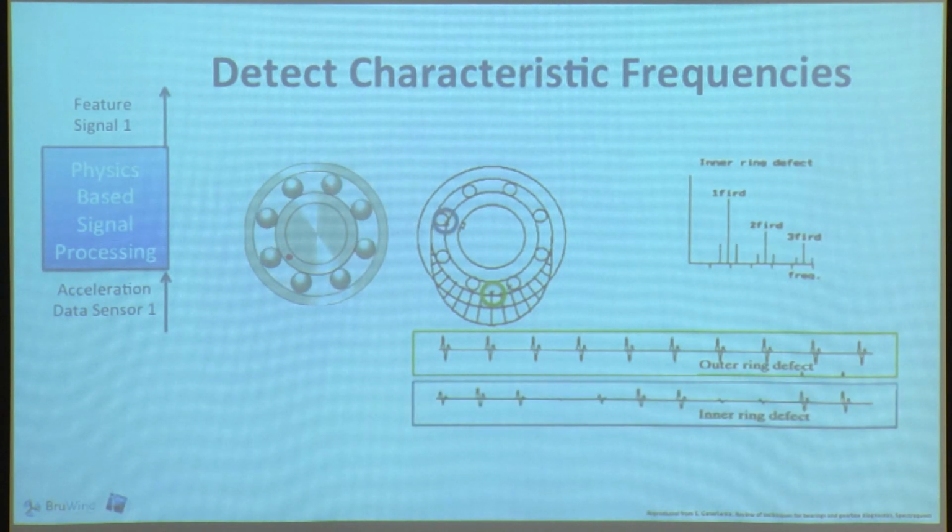If I, on the other hand, have a crack on the inner ring, the shaft rotates, so the crack will also rotate. So it will go in and out of the load zone, and you can see it in its response. Again you get this tuck, tuck, tuck, so you have this impact, but the impact gets smaller and larger depending on whether or not it's in the load zone.